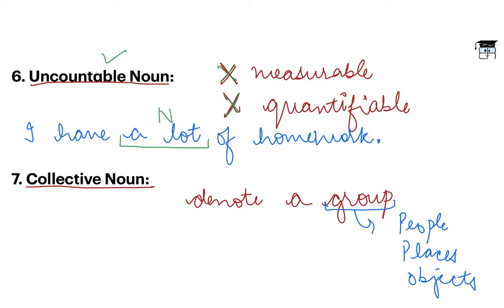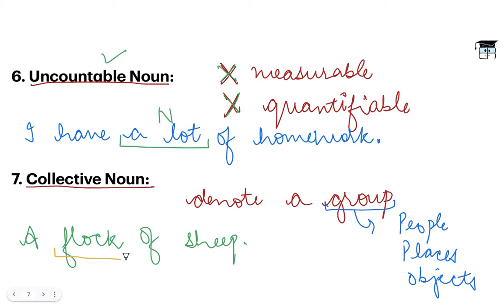If I have to name an example of a collective noun, I would say a flock of sheep. Now in this example, a flock is what? It is a group name that has been given to a group of sheep. So a flock here is a collective noun.